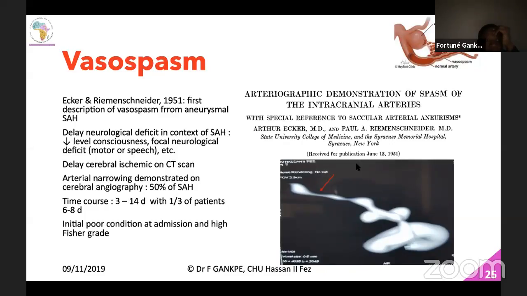The risk factors are the initial poor neurological condition at admission and high Fisher grade. I want to show you here on the angiogram the image of arterial narrowing. This is from a patient in our department.